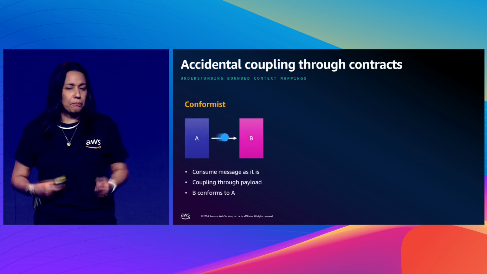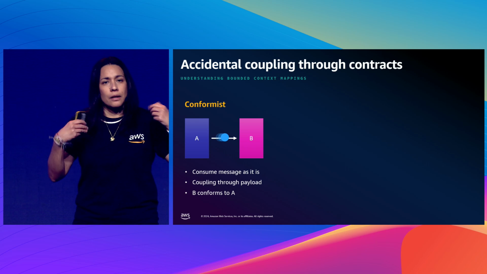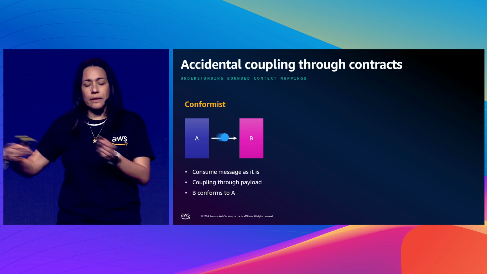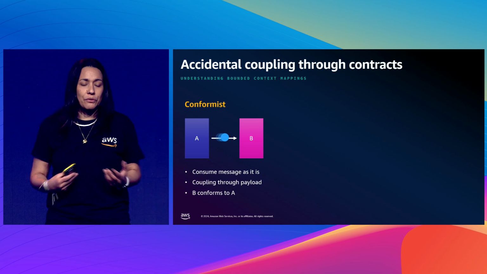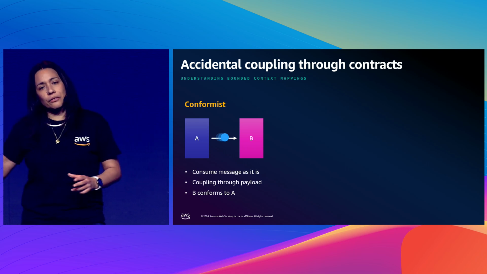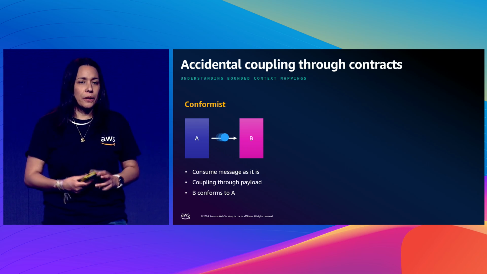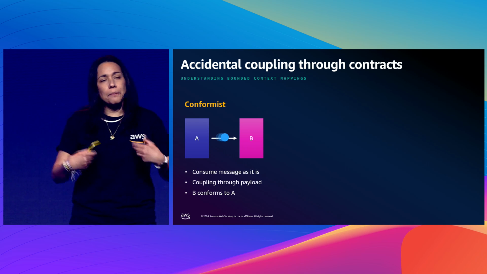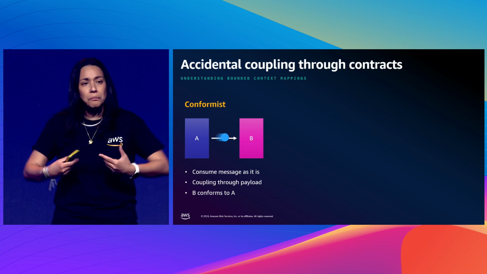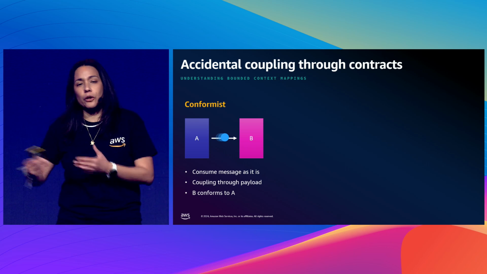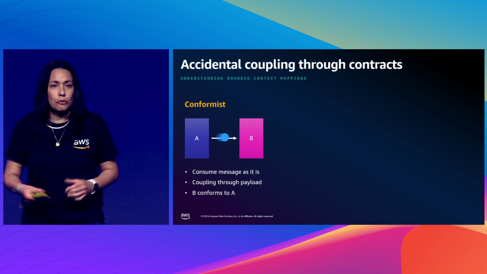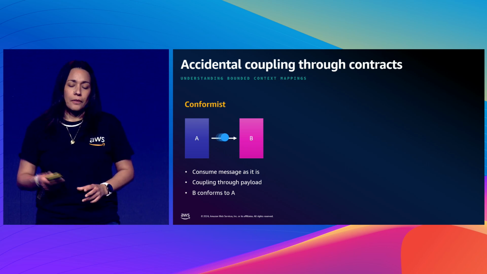So we, as System A, the producer, produced an event, and System B, who is the consumer, takes it as it is. It just uses it the way it received it. And like that, it's coupling itself to the producer, because producer A might be sending its own language or its own implementation details across in the event, and B simply conforms to that, hence the conformist pattern.